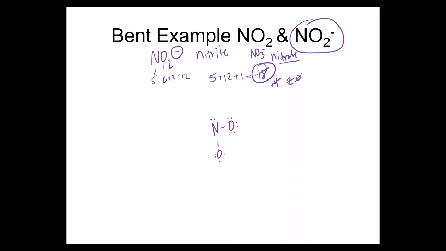So we do need to do one of those coordinate covalent bonds and double up one. All right, but now this creates what for us? A problem. It creates resonance, so we have to draw the other one. Fun.